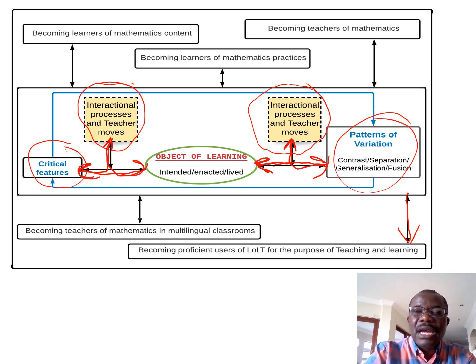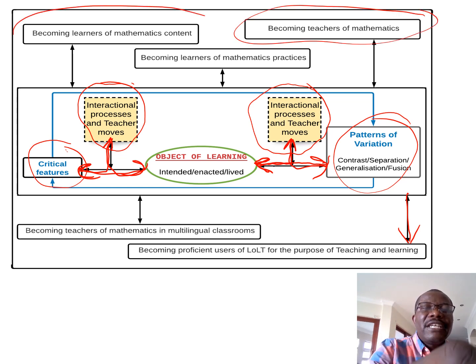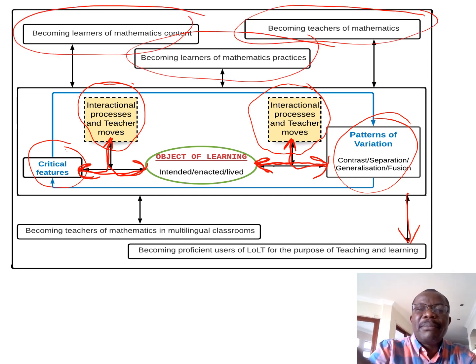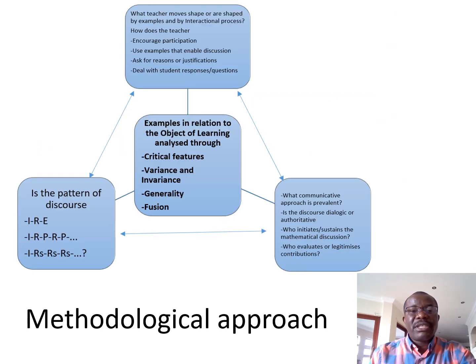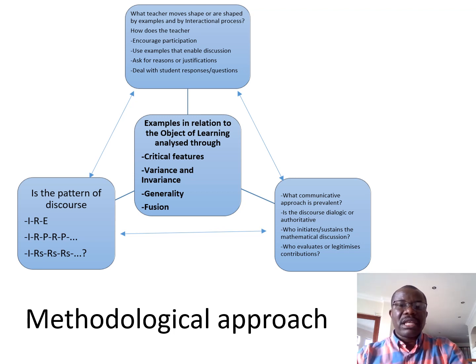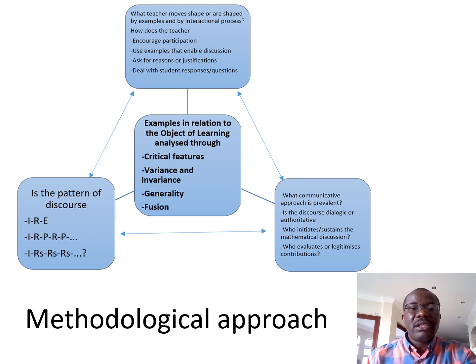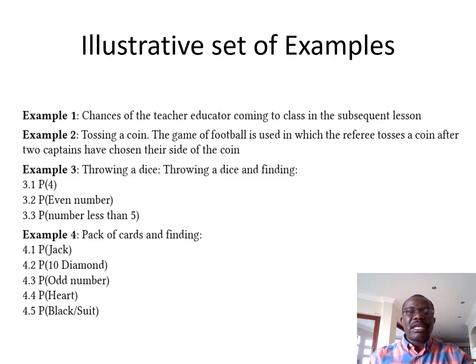That is why we have this here pointing to these different multidimensional layers in teacher education. So what I've just explained using the other diagram is what I have here in this slide. So I'm just going to skip it.